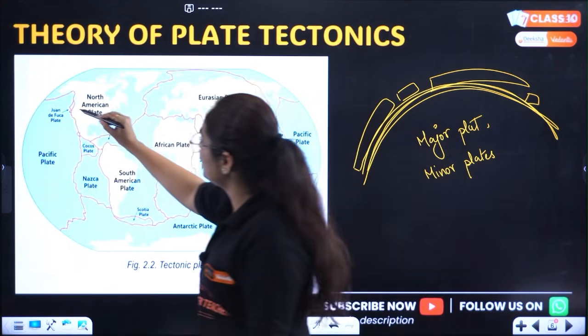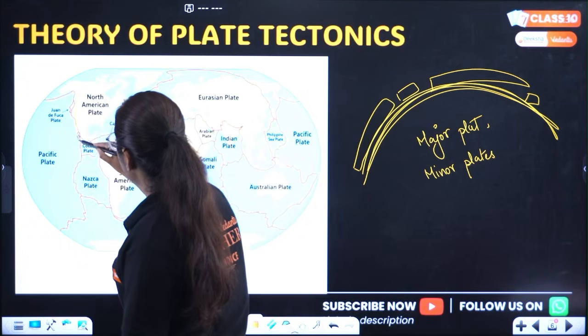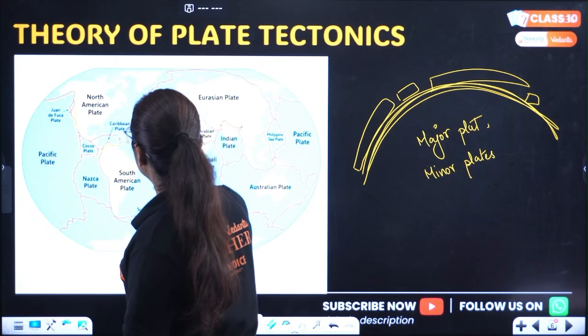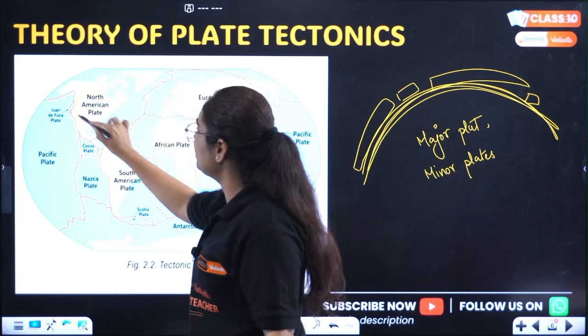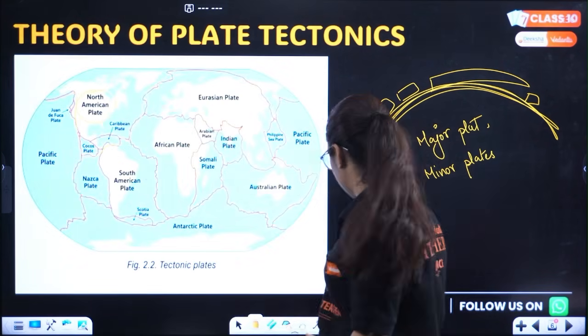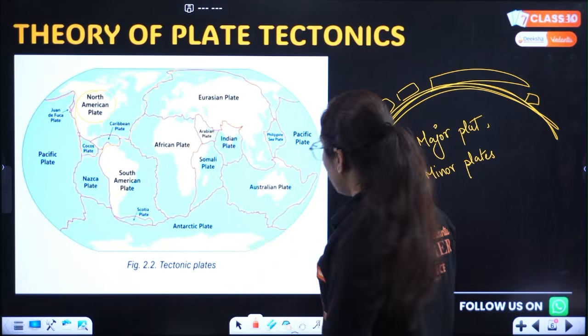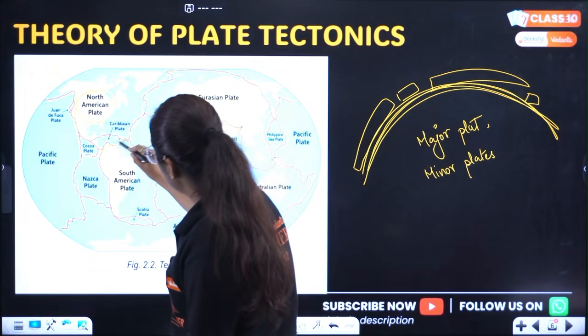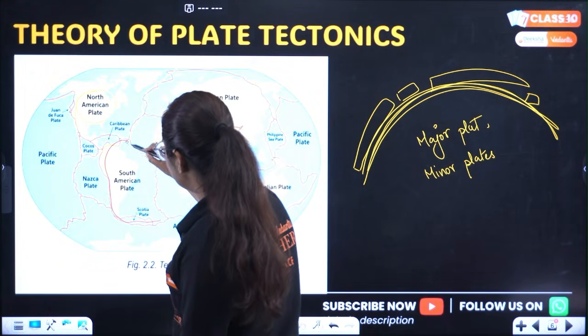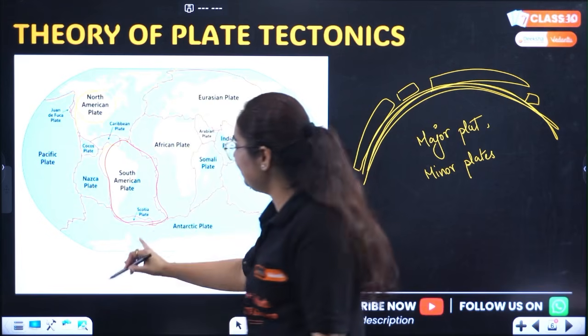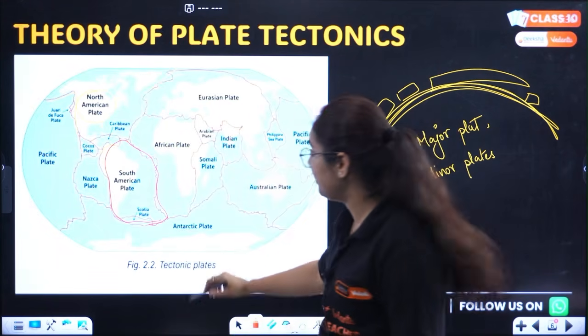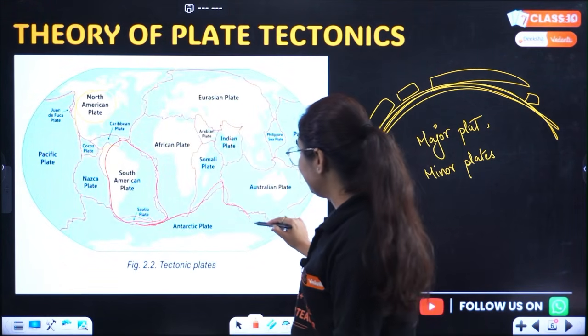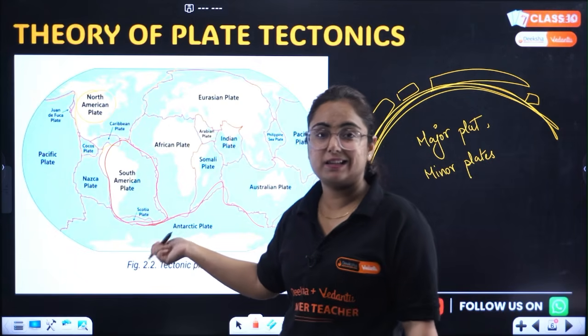Like this one is the North American plate. Then we have one more plate, this is the South American plate. Then here is the Antarctic plate.